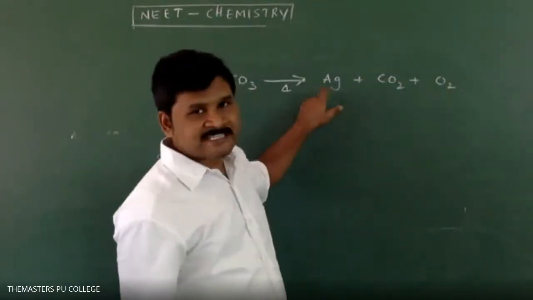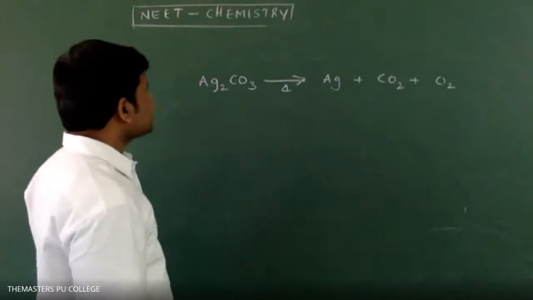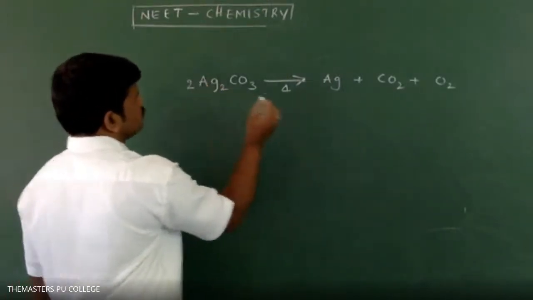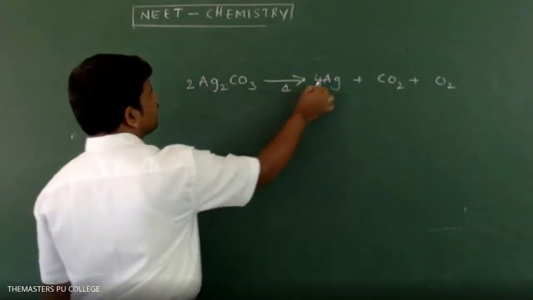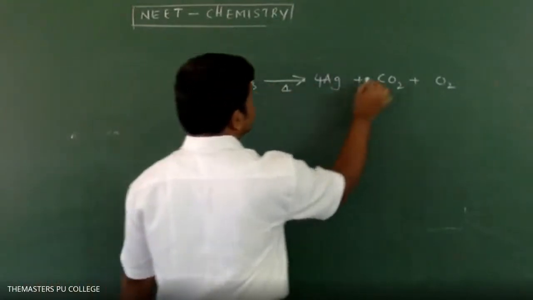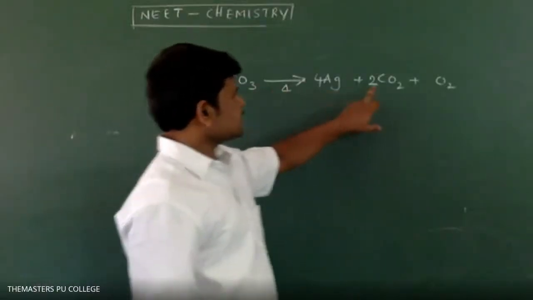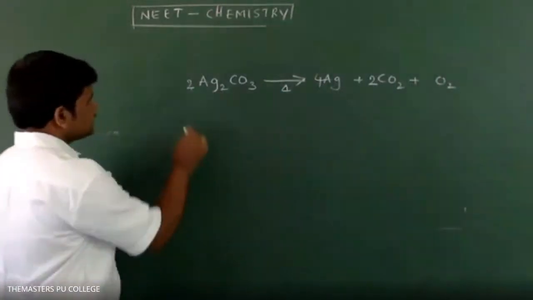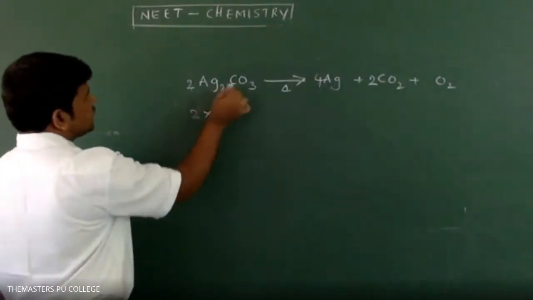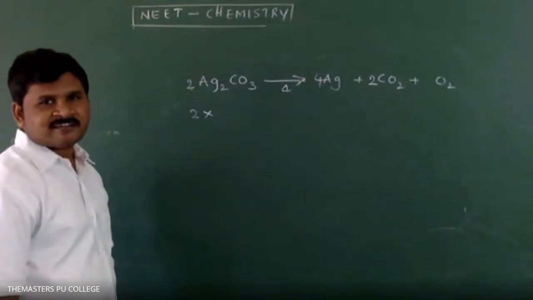Residue means only Ag. First balance this: 4 silvers, 2 carbons, 2 CO2, oxygens 6. It is a balanced reaction.